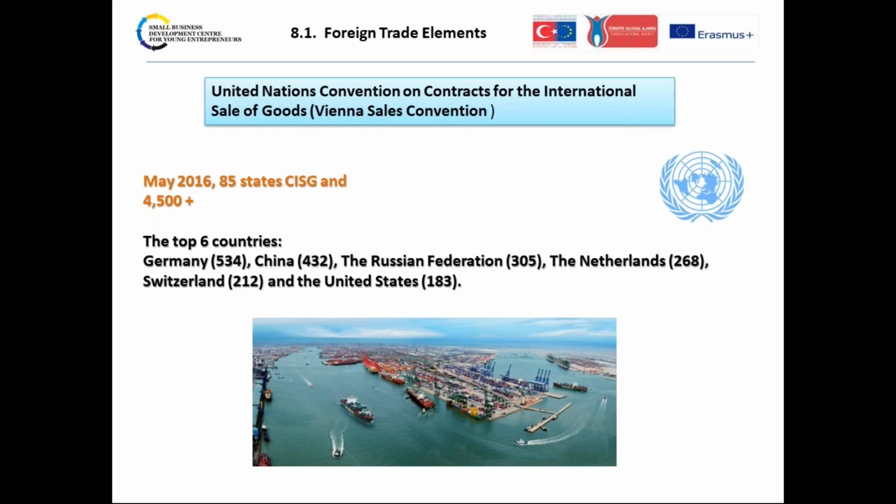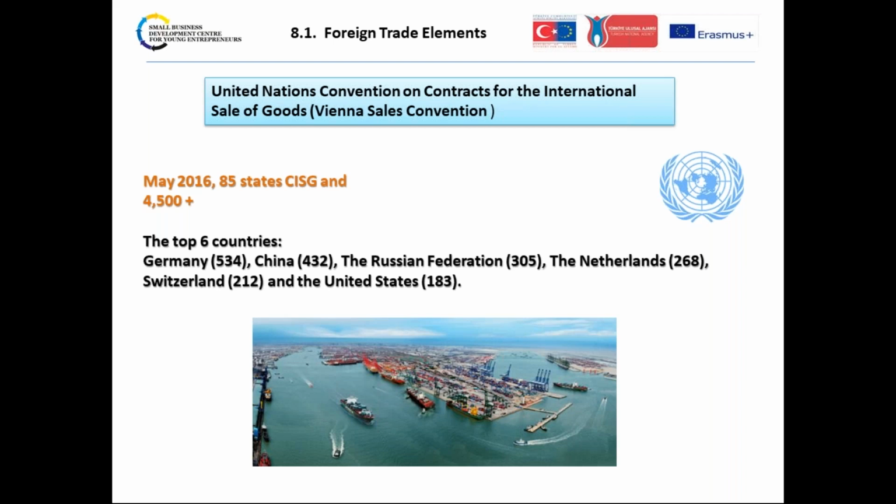There is an accepted international law that we call the Vienna Sales Convention. This is like Incoterms. Most of the countries came together and decided on some sales elements, some important articles.